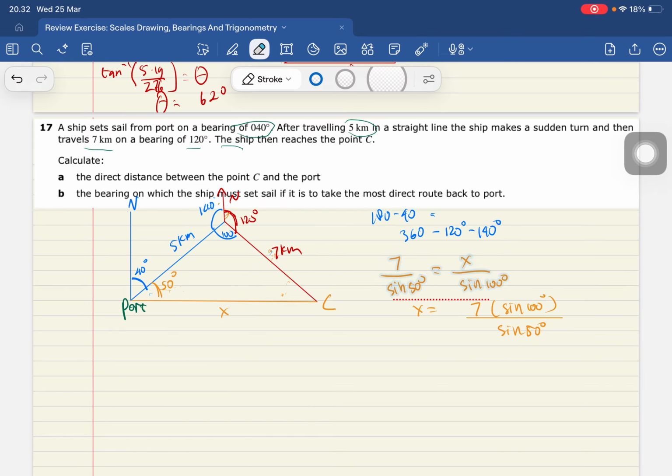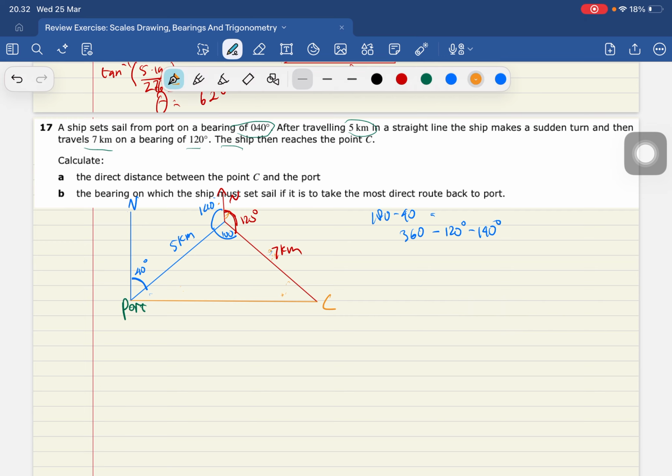So let us review again. 50, 140. So as this is 100, here we don't know yet the angle, so we cannot use the sine rule.